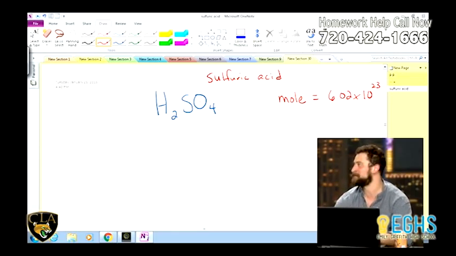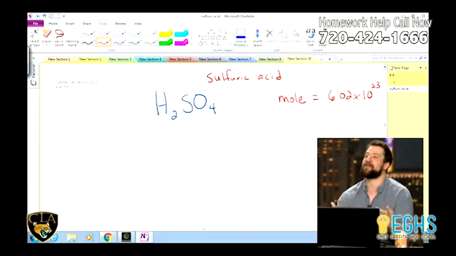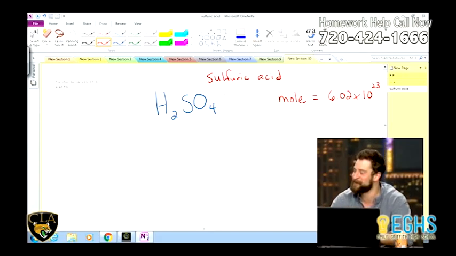And sugar weighs a different amount than oxygen, so moles of different things have different weights, but a mole is always that same number, 6.02 times 10 to the 23rd. So, little tangent: the periodic table has weights below each chemical symbol, and sometimes we say that it's the atomic mass unit weight, but it's also really useful because it is the weight in grams of 1 mole of that element.